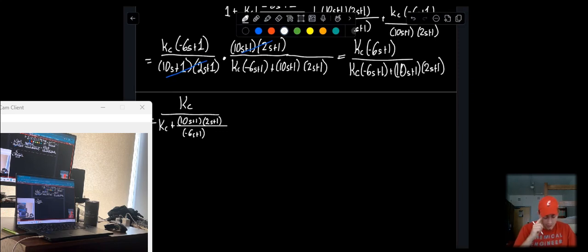Okay, so that's basically standard form still. And our goal, of course, is to come up with some sort of polynomial here on the bottom. Hmm.